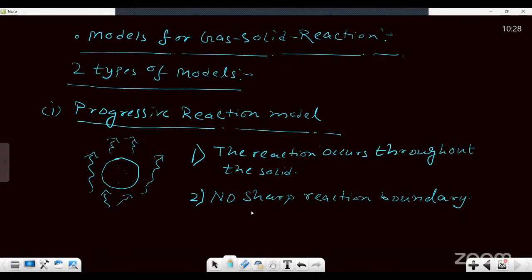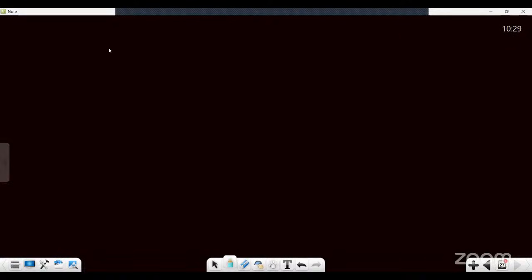So we have two models. One we call the shrinking core model, another we call the progressive reaction model. The shrinking core model basically says that the core is going to shrink. Why is the core going to shrink? I tell you now. Suppose this is my Fe2O3.